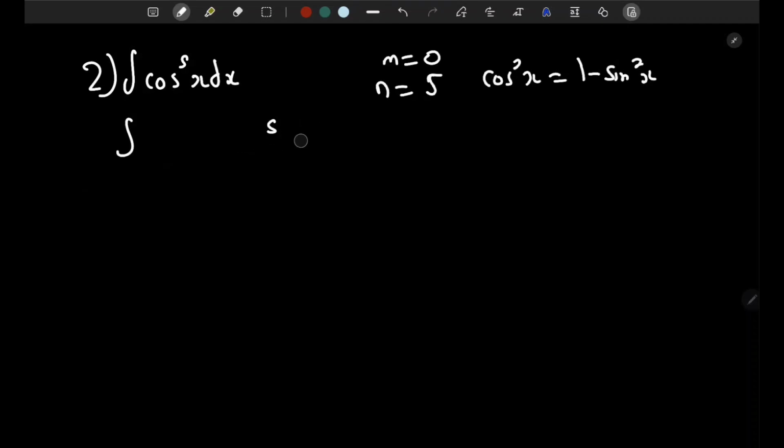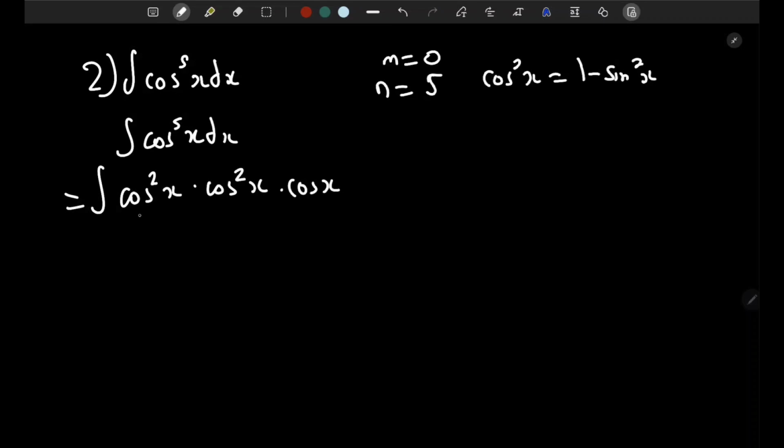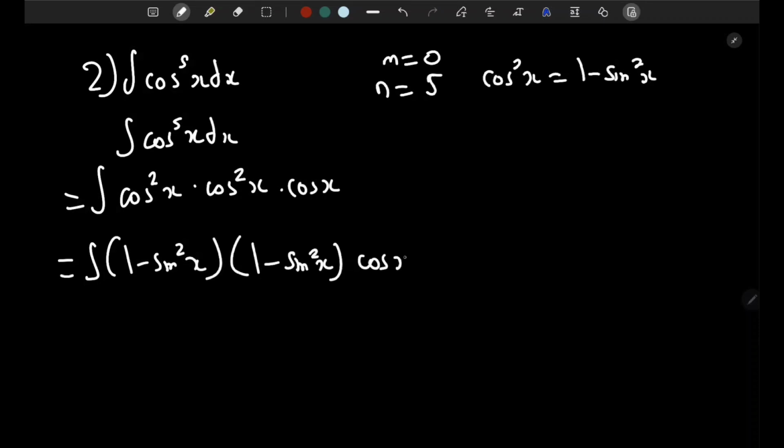So this will become integration of cosine to the power of 2 into cosine to the power of 2, and we have one extra cosine left, times cosine x, and we can replace this part and this part by 1 minus sine squared. Hopefully that is clear. So it's going to be 1 minus sine squared x into 1 minus sine squared x into cosine x.